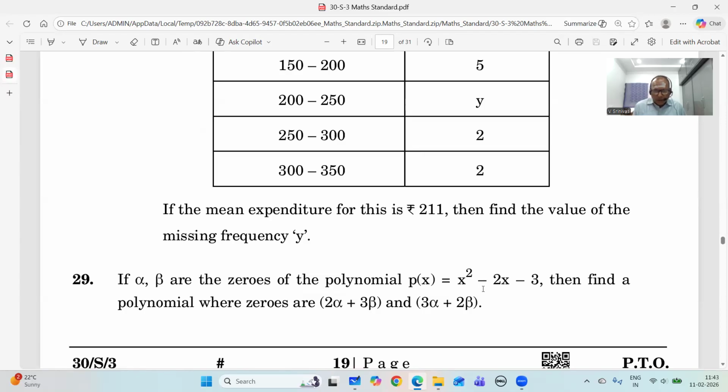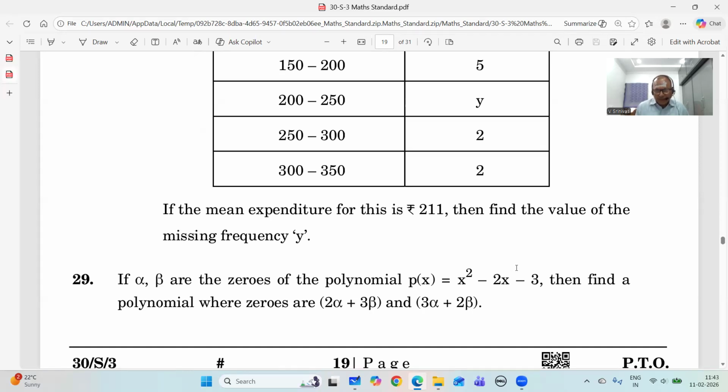So we are given this quadratic polynomial. We have to find the roots of this polynomial. How can we do that? We will factorize this. We compare this with ax square plus bx plus c, we obtain a equal to 1, b equal to minus 2, and c equal to minus 3. c into a is minus 3, and minus 3 has factors minus 3 and plus 1, whose sum is minus 2.